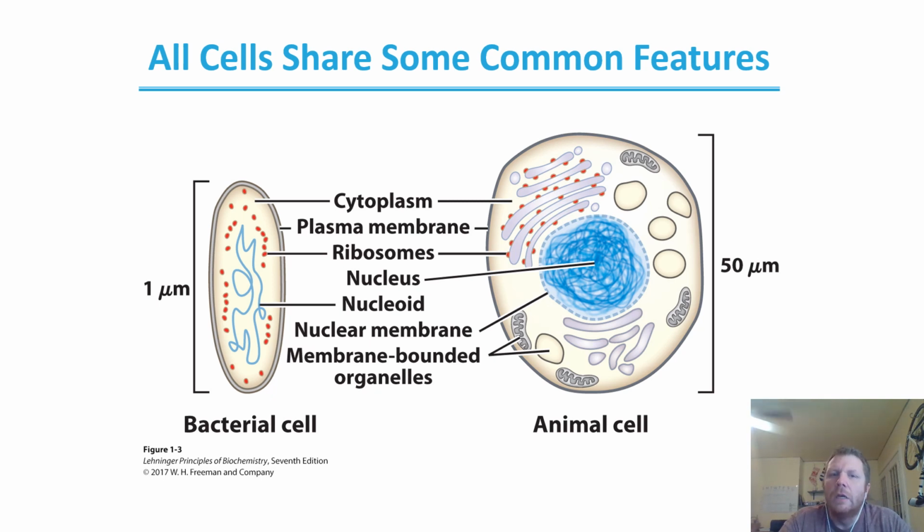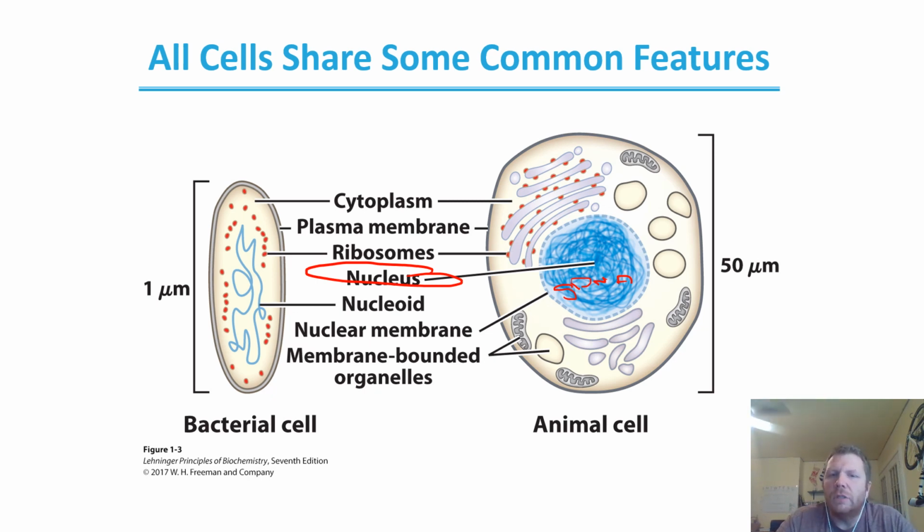For instance, if you look at the center here, I'd like to highlight one of the more fundamental parts of an animal cell: a nucleus compared to a nucleoid. Our nucleus is going to have all of our genomic DNA, our genome. That's for a eukaryotic or animal cell.